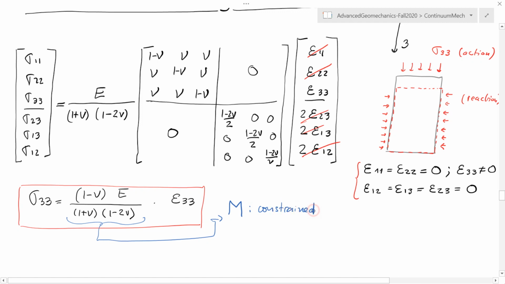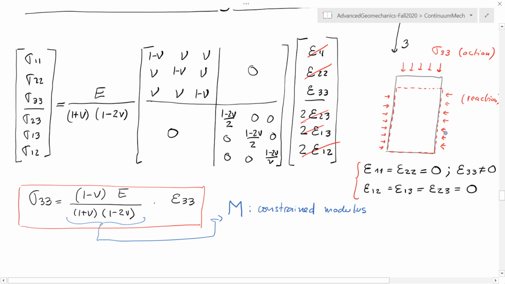And notice that it relates a vertical stress and a vertical strain. If you remember from the definition of the Young modulus, we also use a vertical stress and a vertical strain. But in the case of the Young modulus, we have a boundary condition in which the solid could expand to the sides.